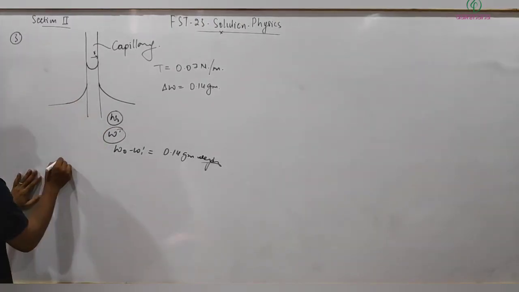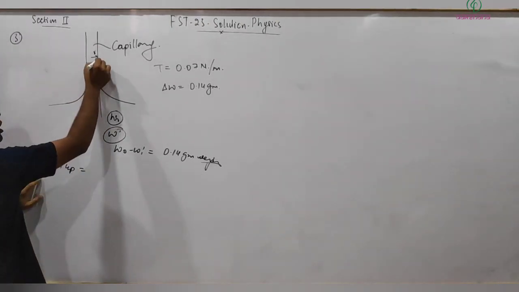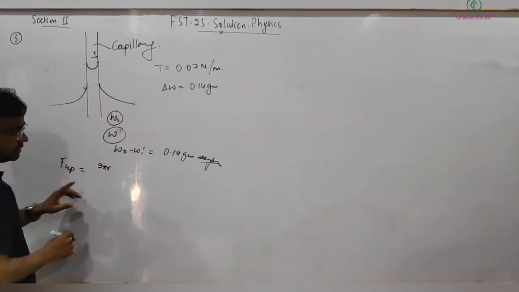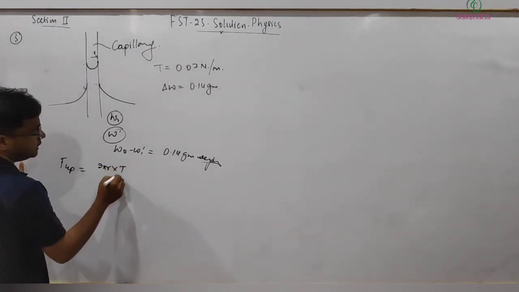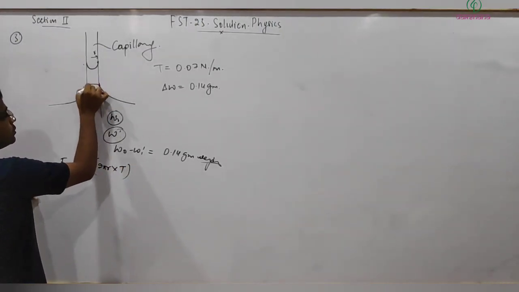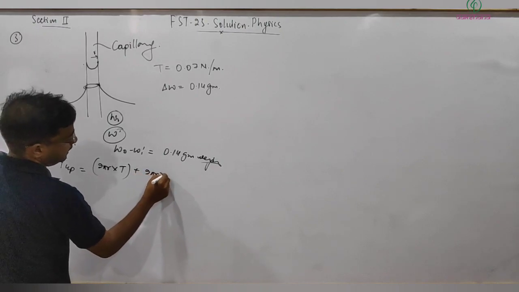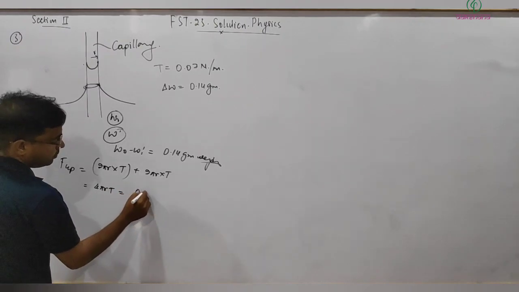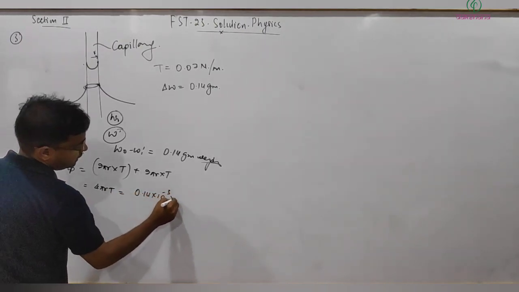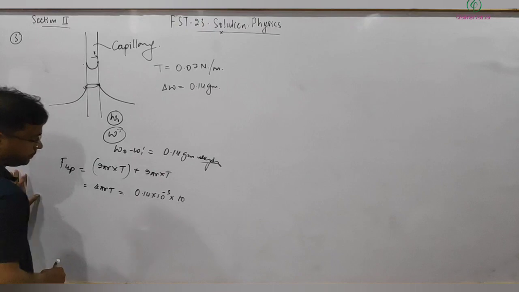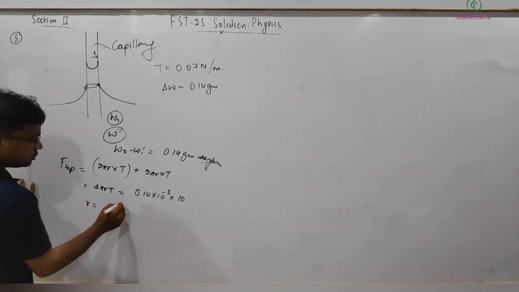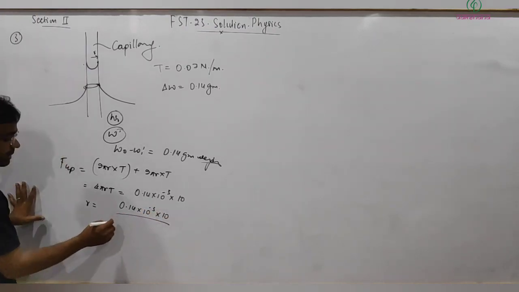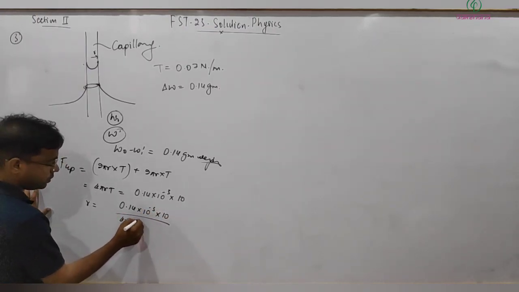So we need to calculate that upward force F. Due to this surface, it's 2 pi r, if r is the radius of the capillary, multiplied by T, and similarly here also it will be plus 2 pi r into T, so it comes out to be 4 pi r T, and that's equal to 0.14 into 10 to the power minus 3 into g, that is 10. So r is equal to 0.14 into 10 to the power minus 3 into 10 divided by 4 into pi into T.